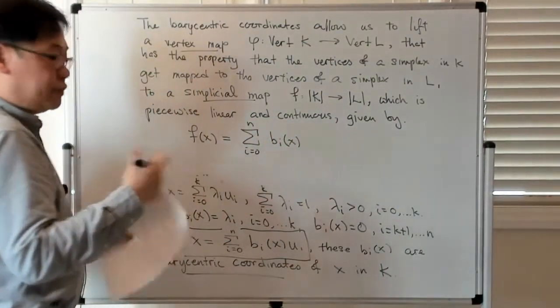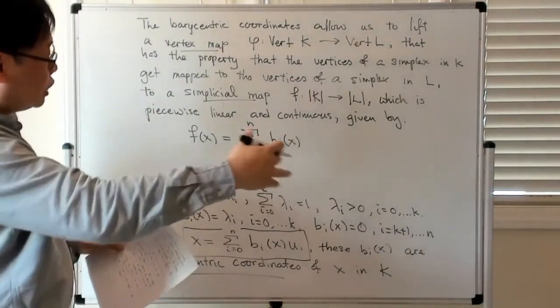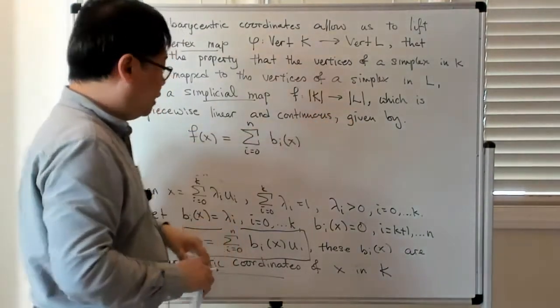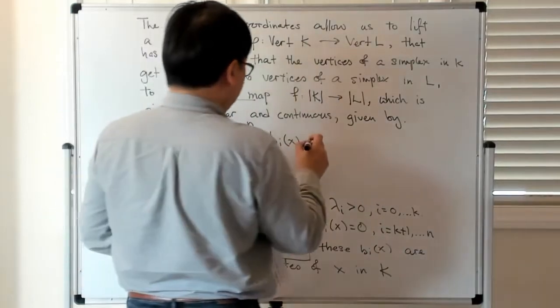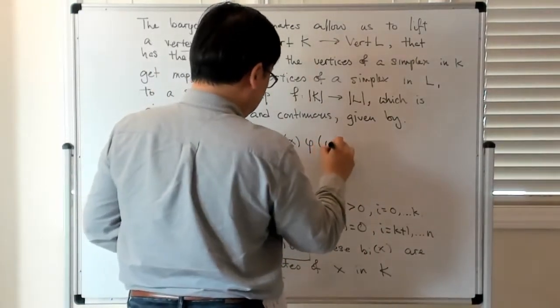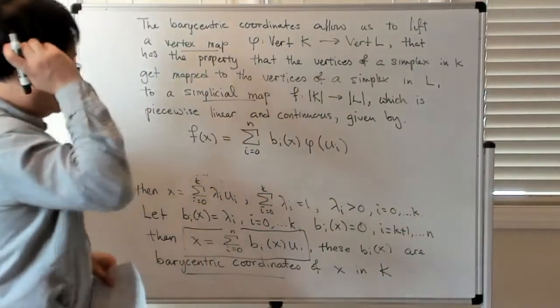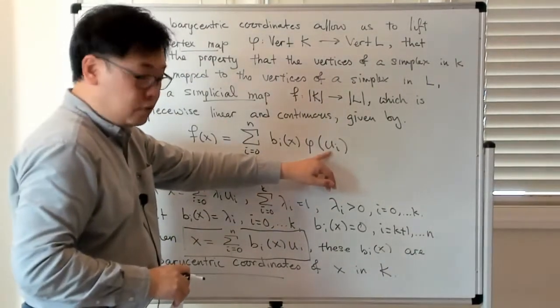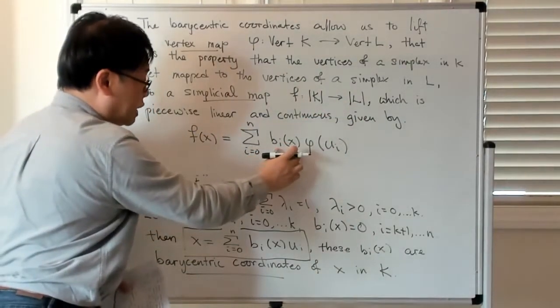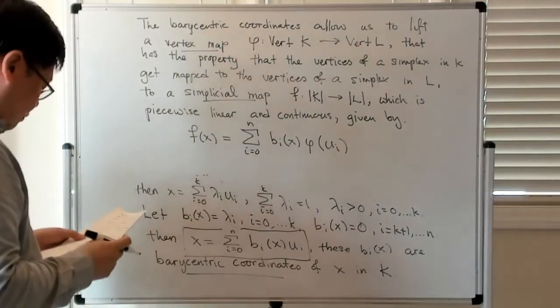And then, of course, you have to take linear combinations of things which are going to give you something in the underlying space of L. All right, so I have to map the vertices. So I take phi of u_i. Now this is in that space. All right, but then I reconstitute it with the barycentric coordinates.